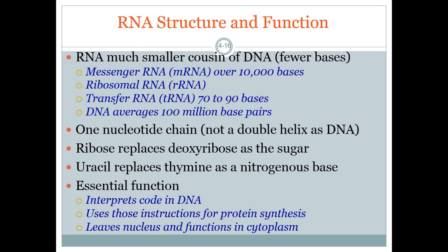Now we're going to look at the structure. The RNA is a single nucleotide chain, not a double helix. Third difference, the sugar in RNA is ribose, not the deoxyribose, which you'll find in DNA.